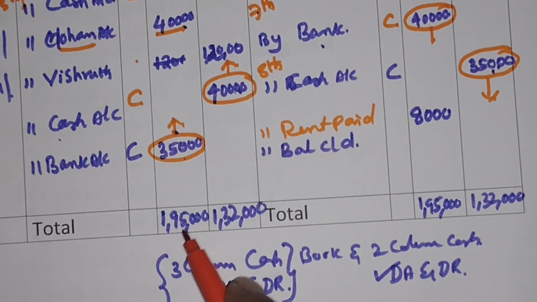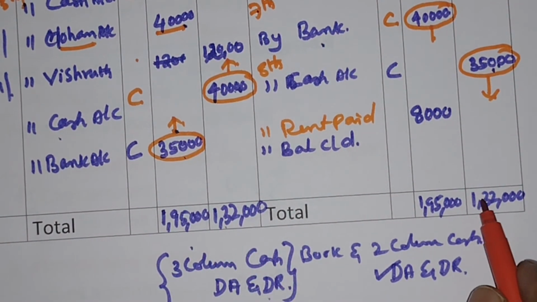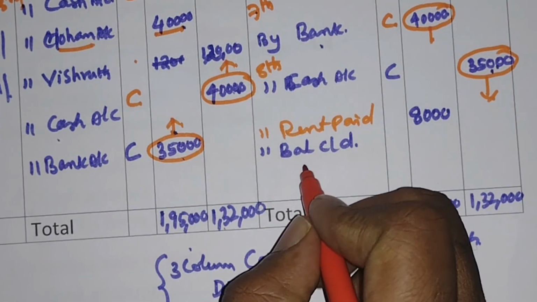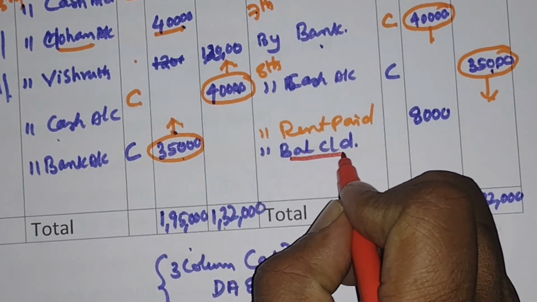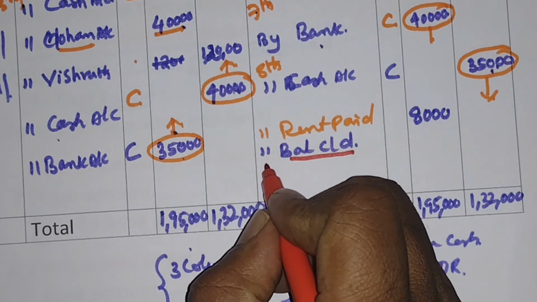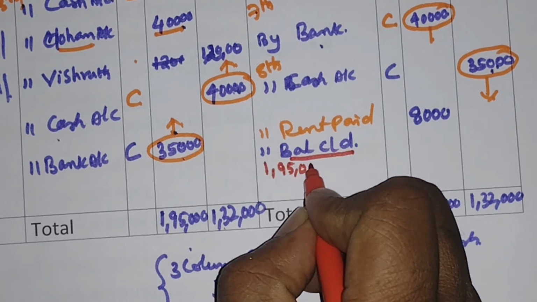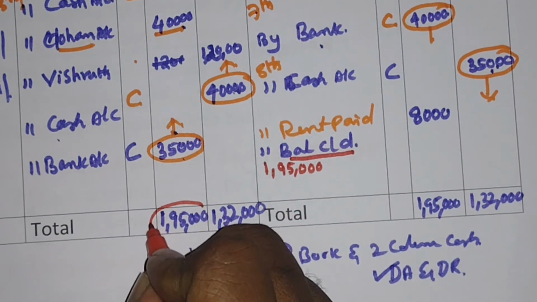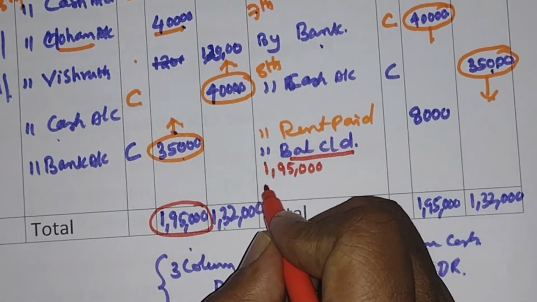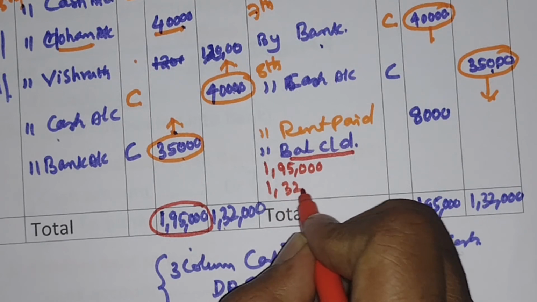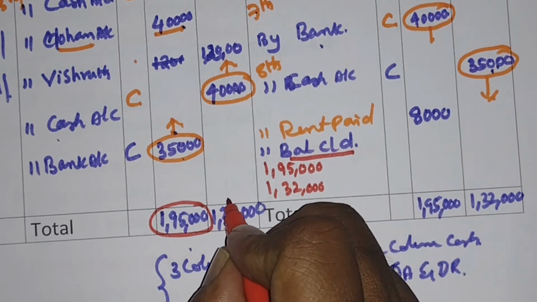After recording this total of the debit on the credit side, we have to balance it. That balance is called balance carried down. So the debit side total is 1,95,000 and 1,32,000 for the bank column.